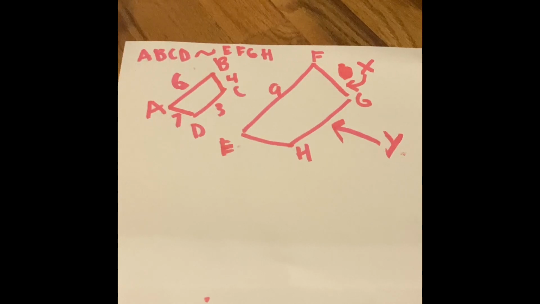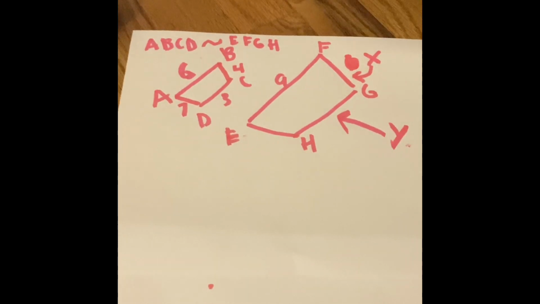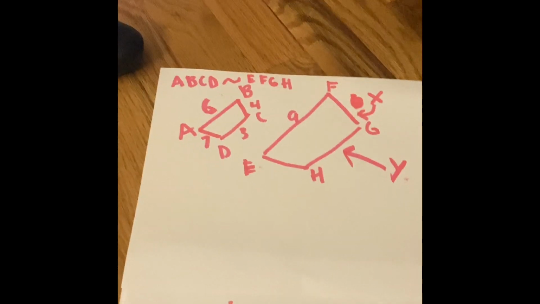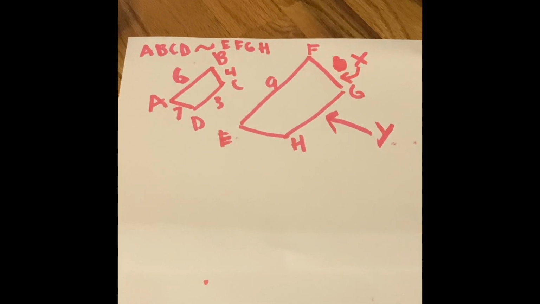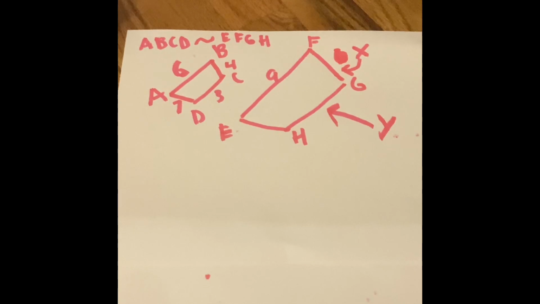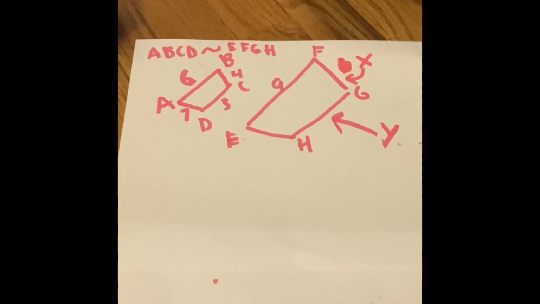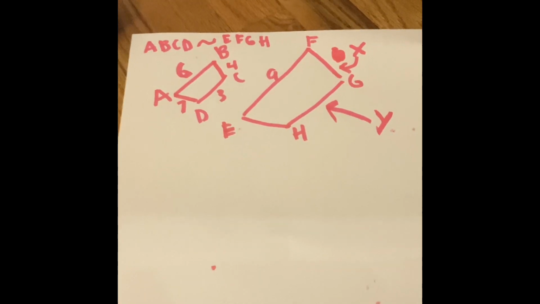So just like the other problems, let's pick a side, any side. So we have x and y. What we're going to try and do is find those missing variables and see what fits into them. So both figures are going to be similar in size.